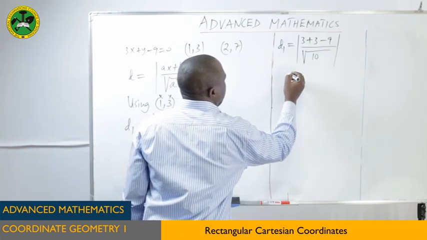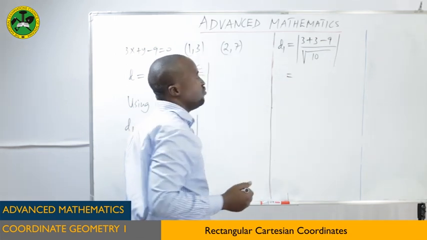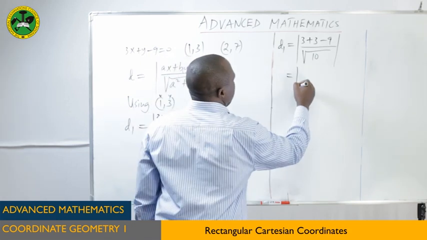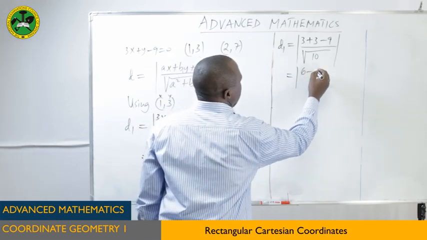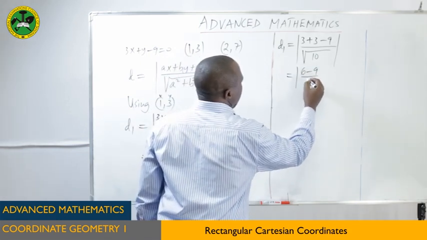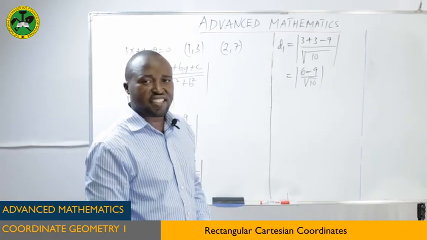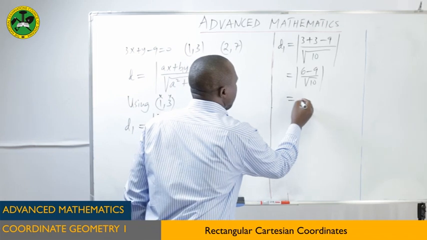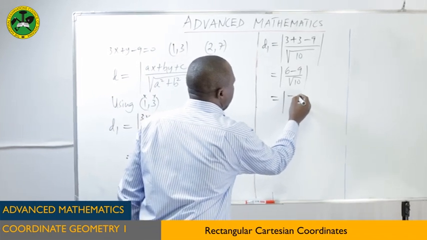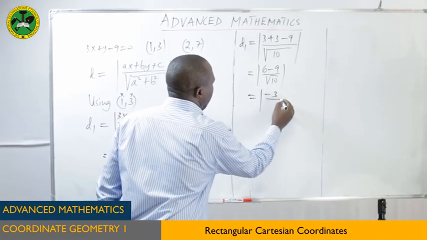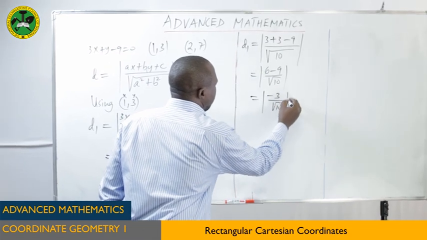Therefore, D1 will be equal to 6 minus 9 over square root of 10. So student, in this case, D1 will be equal to the absolute of negative 3 over the square root of 10.